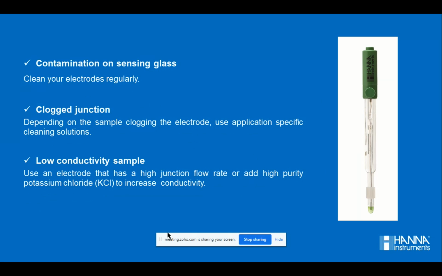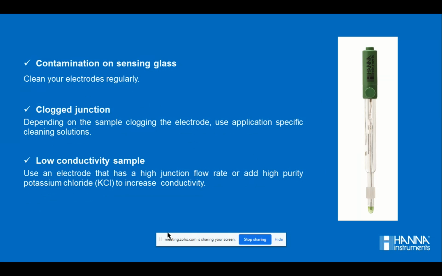Thus, a clog can be removed by keeping your electrode in the cleaning solution, in 0.1 normal HCl at slightly elevated temperature also, and then cleaning with the DM water and then storing your electrode in the storage solution. This will clean the clog of the ceramic junction.